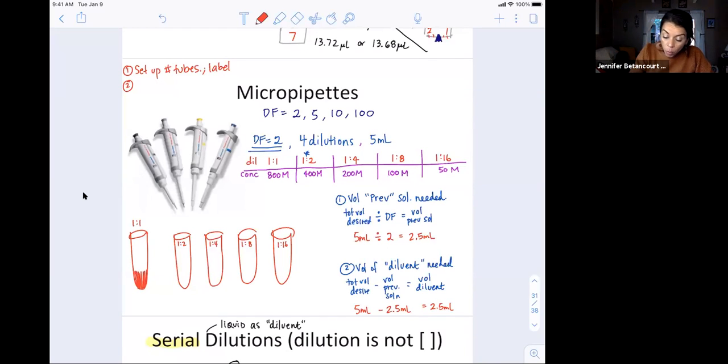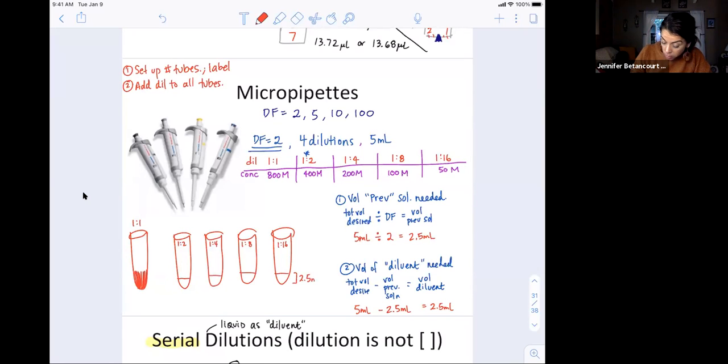It's a lot more time efficient to add diluent to all these tubes rather than add it to here, make this, mix it up, change the tip, do it again. So science is all about saving time. So you want to add diluent to all tubes.